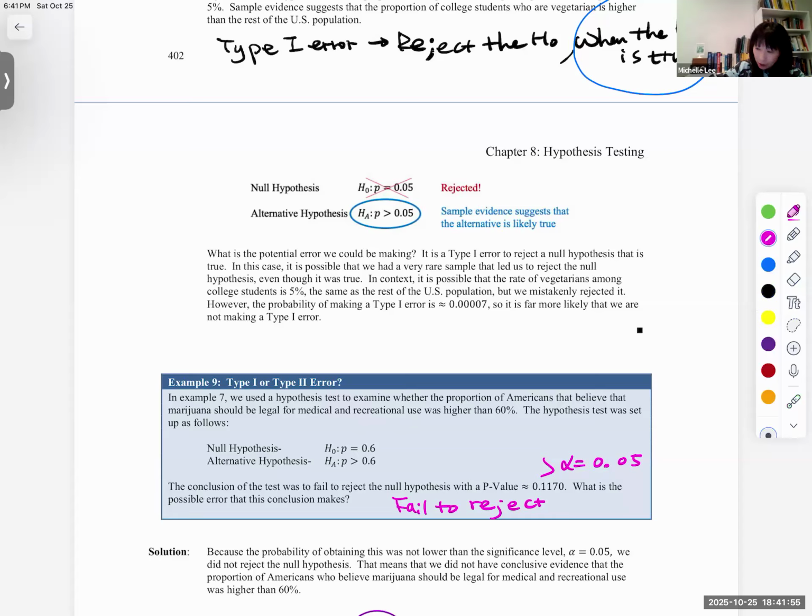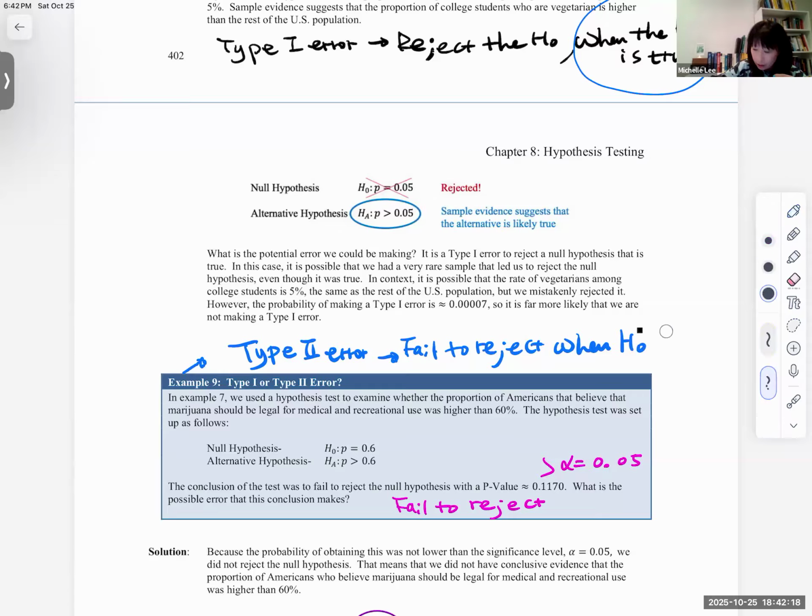So the type 2 error is failing to reject when the alternative hypothesis is false.